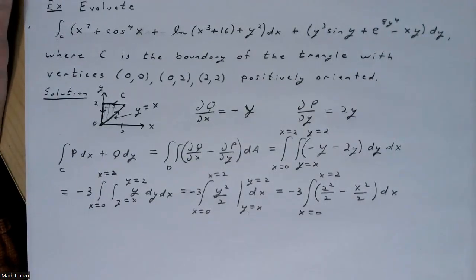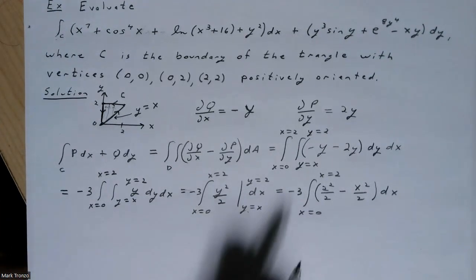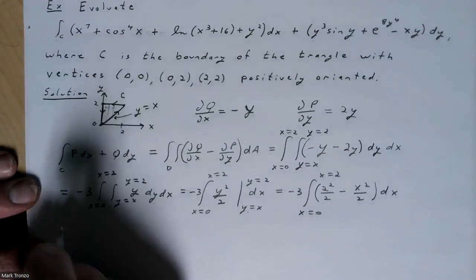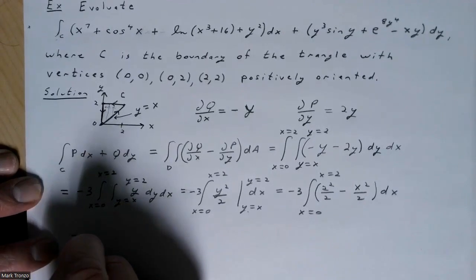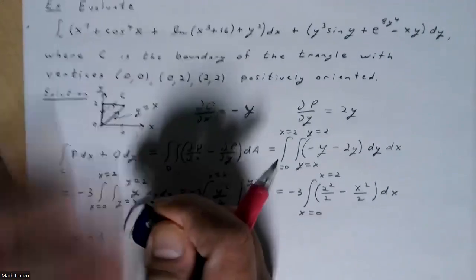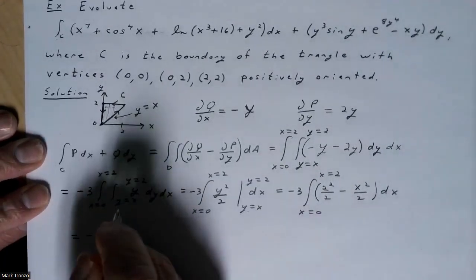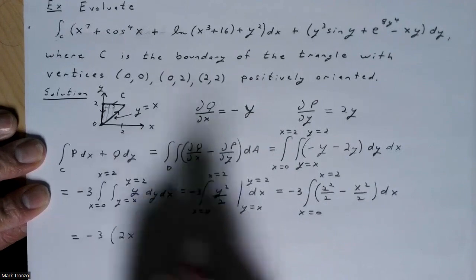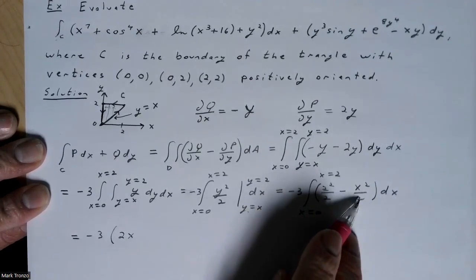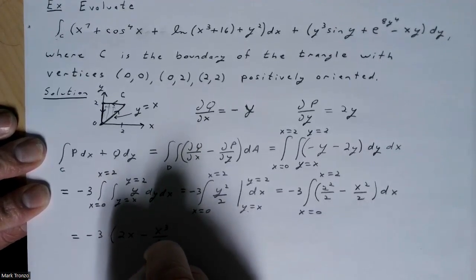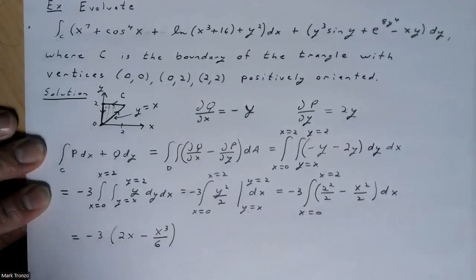So I just put the upper and lower bound in. And that will end up being 4 divided by 2, which will be 2. And then let's integrate with respect to x. As I mentioned, this is going to be 2 here. And we integrate with respect to x, that'll give us 2x. And then this will be minus x cubed divided by 6, because we'll multiply by 3.